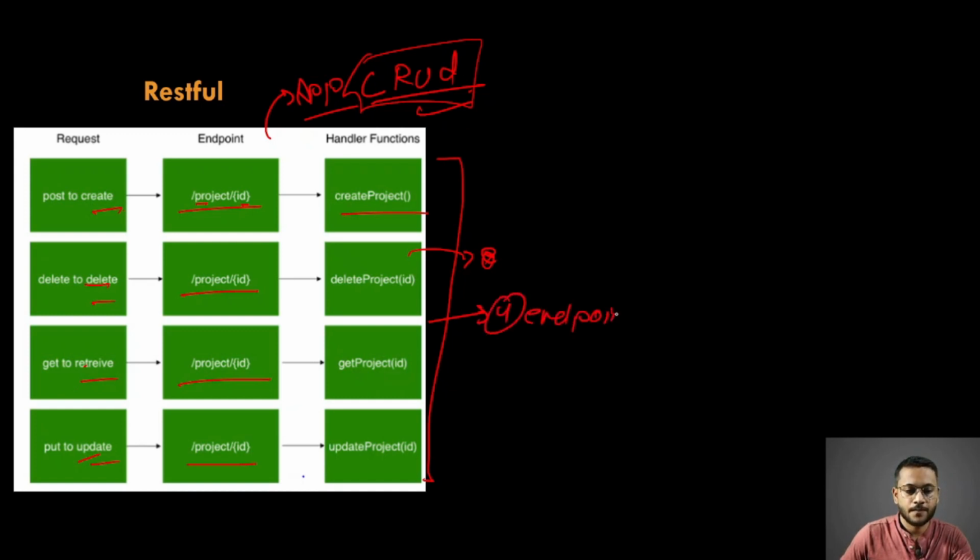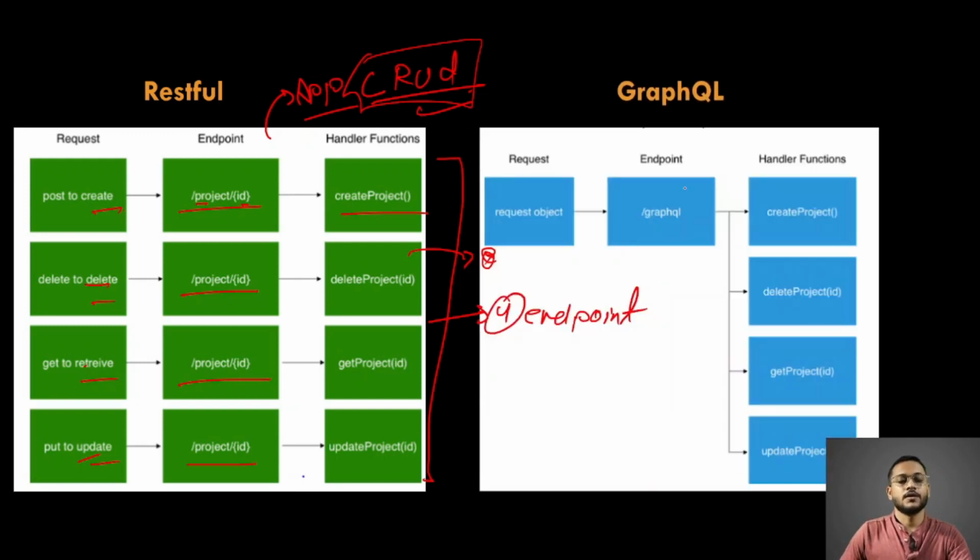Now if I go with GraphQL, as you can see, this is my request, and inside a request you are sending an object or payload, whatever you want, and this is a GraphQL endpoint. Here I don't have these four endpoints.